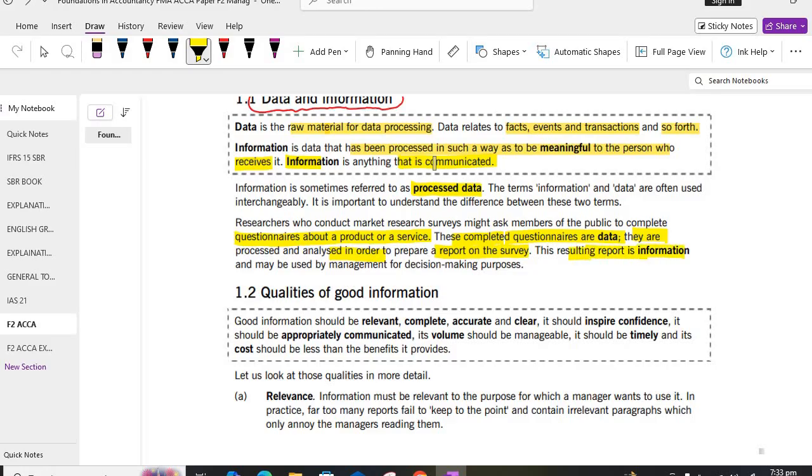So whatever report you have prepared on the basis of the questionnaires, that is your data, and that information comes after the data is processed and analyzed, and you prepare a report on the survey; that report will be your information.